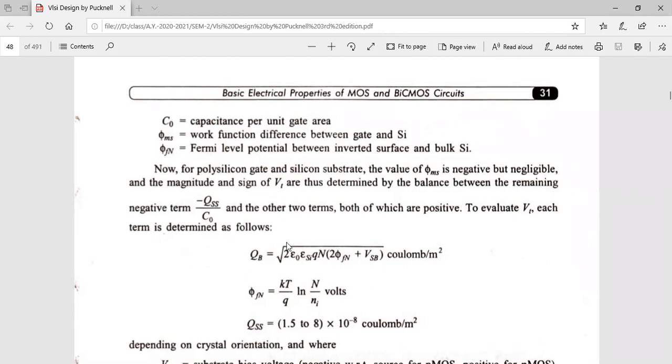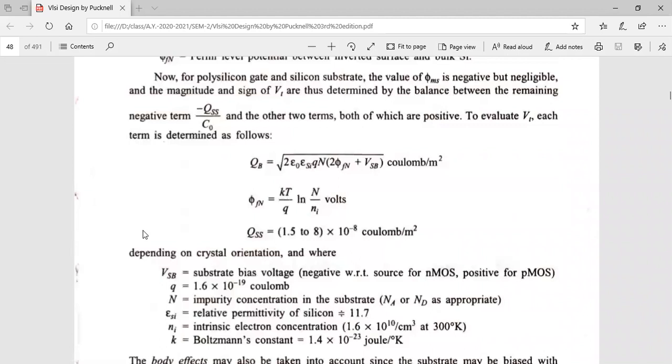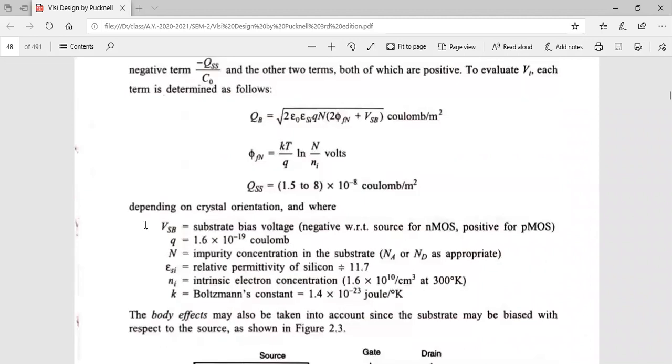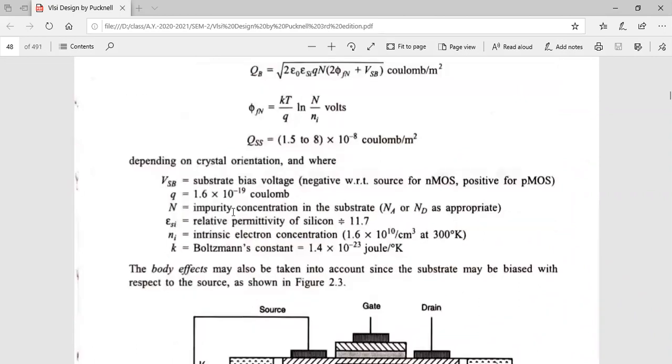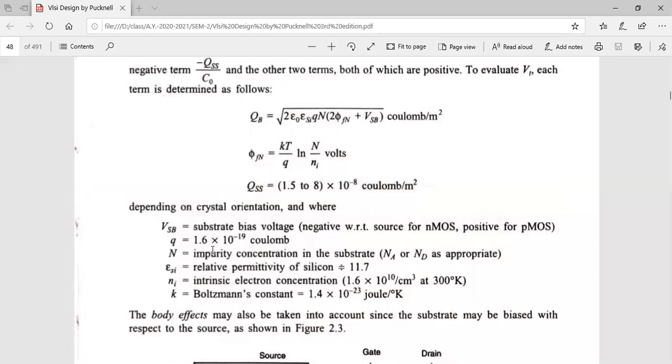We can substitute all these values to get the value for the threshold voltage. So VSB is the substrate bias voltage. This analytical part we can understand, right?